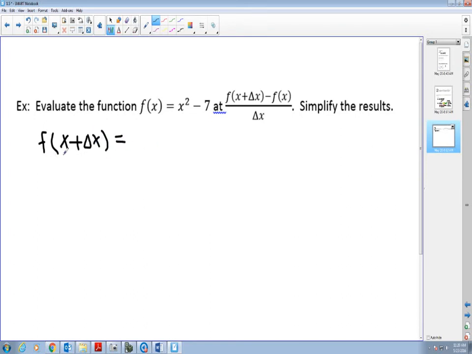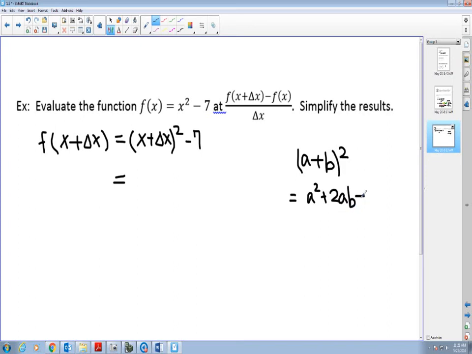So take this, substitute for x, that will be x plus delta of x, whole thing squared, minus 7. And again, here I can use the perfect square binomial. In case you don't remember, perfect square binomial says a plus b whole thing squared will just be a squared plus 2ab plus b squared.